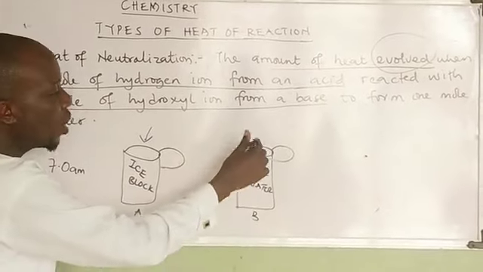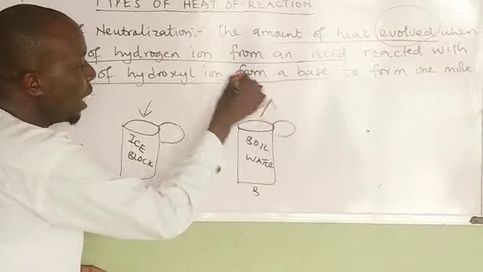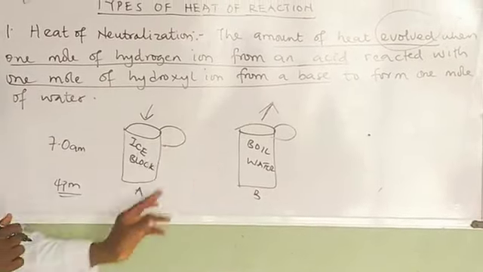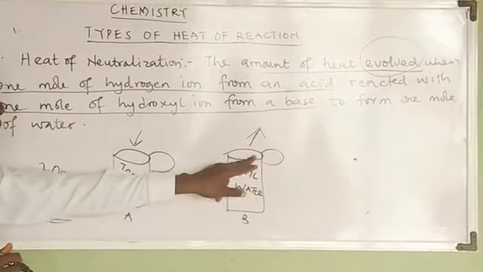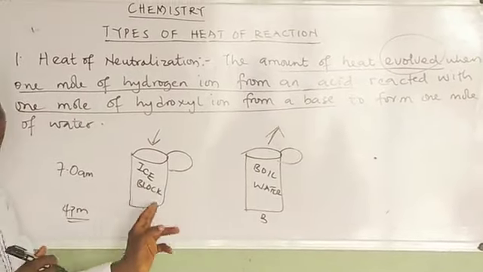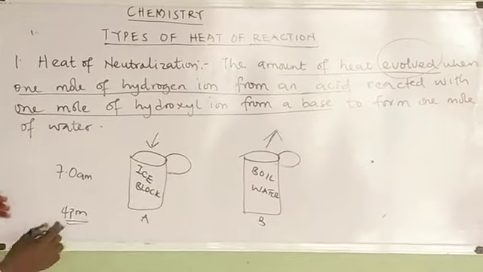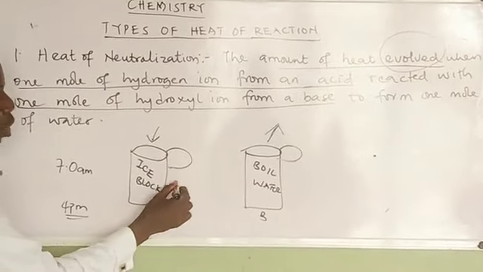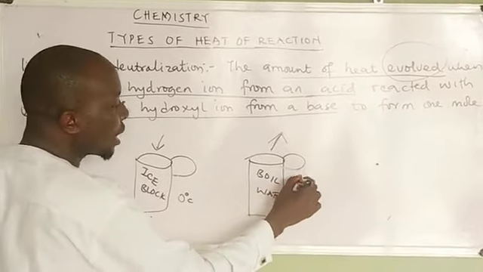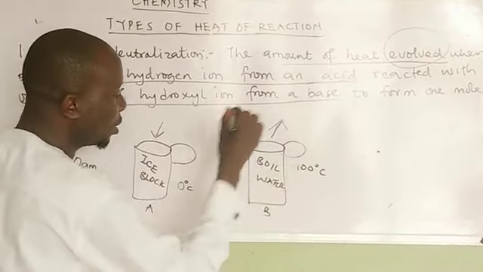Boiled water has lost some heat to the surrounding. Why? Because the temperature of the boiled water dropped and the temperature of the ice block rose. You know, the temperature of ice is 0 degrees centigrade. The temperature of boiled water is 100 degrees centigrade.